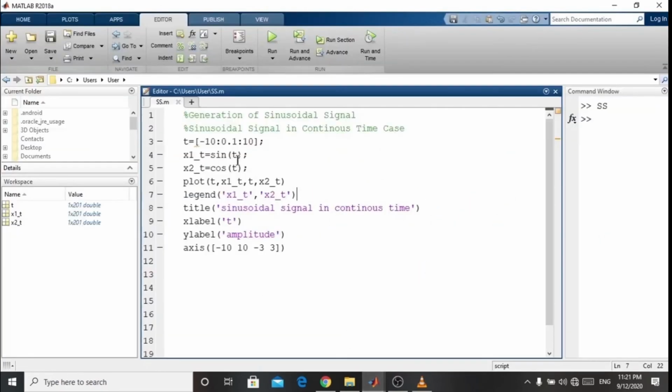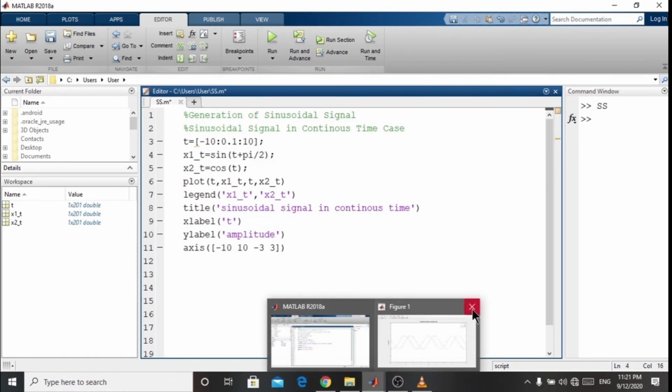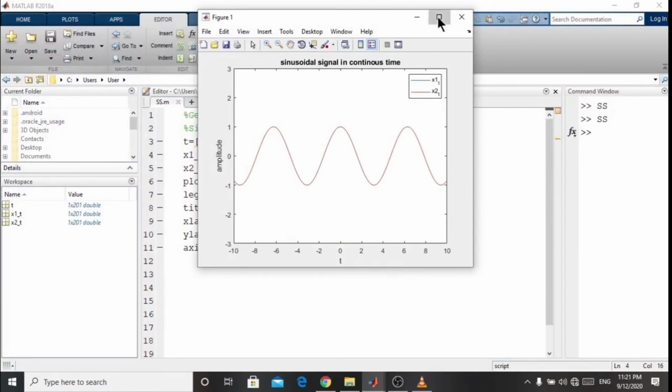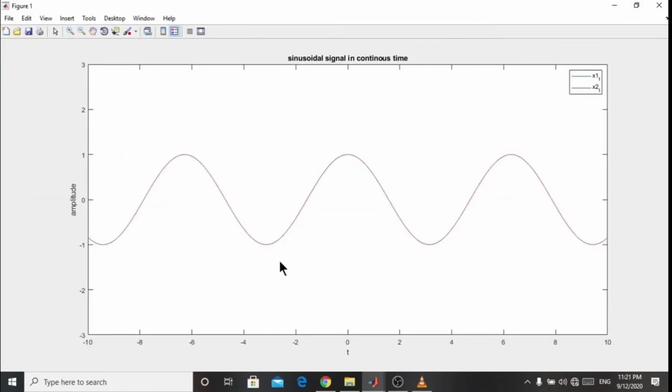Here I am going to give a phase shift of plus pi by 2. And when I run it, you can see here that x1 of t is under x2 of t. That's why it is not visible here.